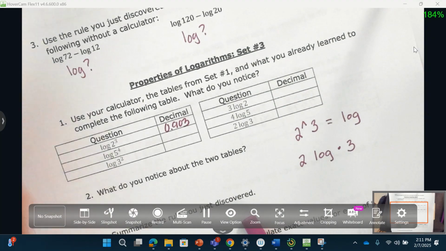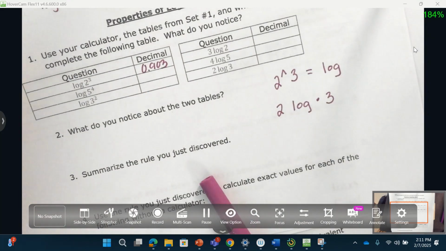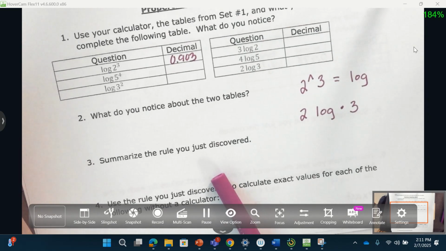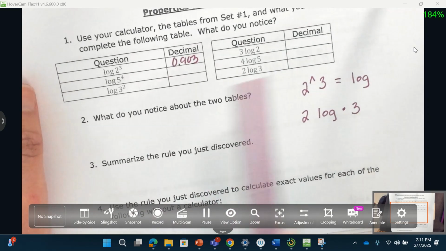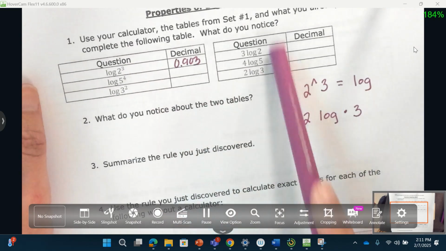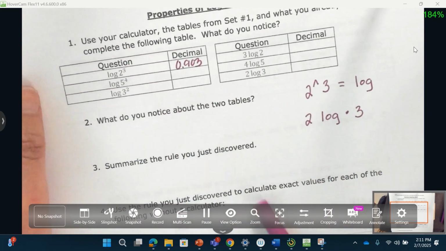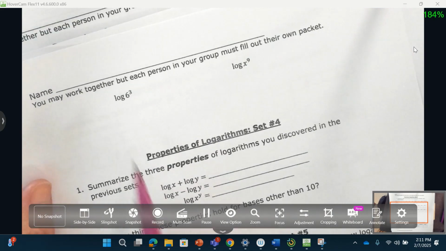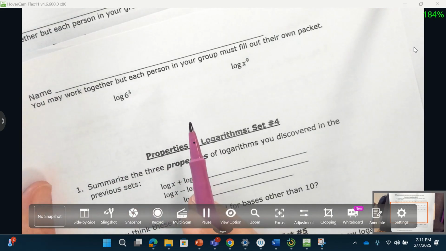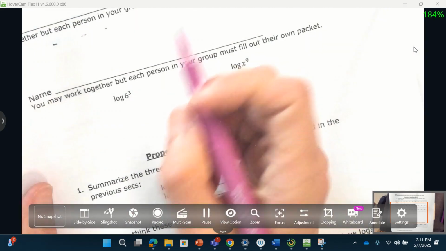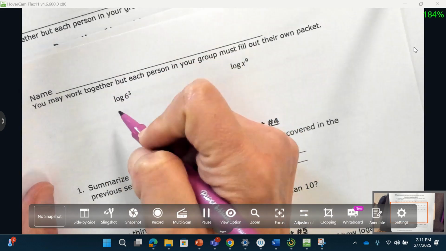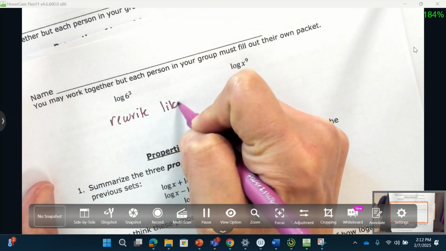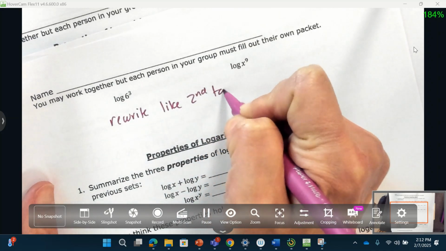Summarize the rule. Honestly, this one is going to be the most difficult rule to summarize, just to find a way to explain what you see happening, and you're going to compare this table to this table. Now the last piece, when it says like evaluate these or fill these out, what I want you to do there is rewrite it like the second table.